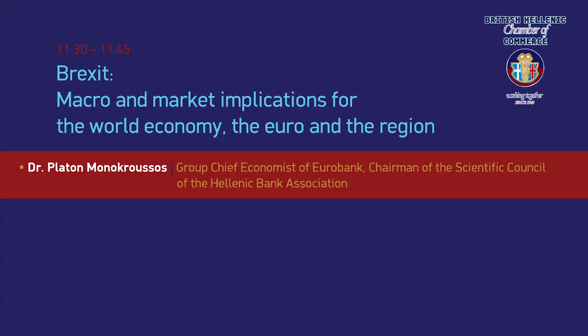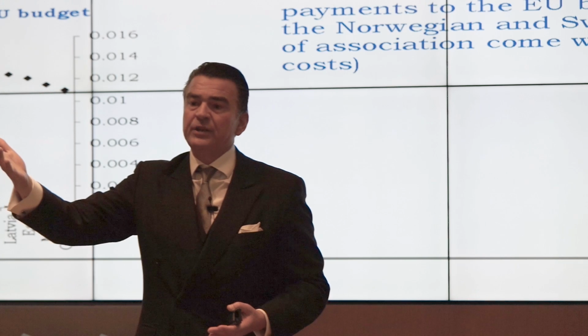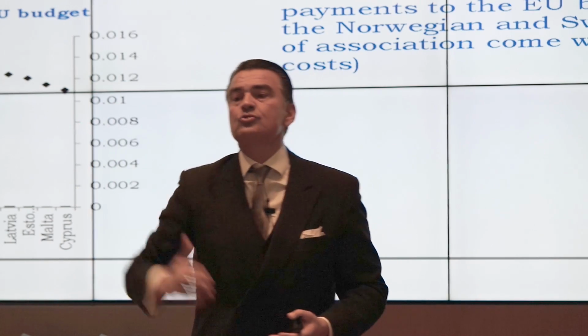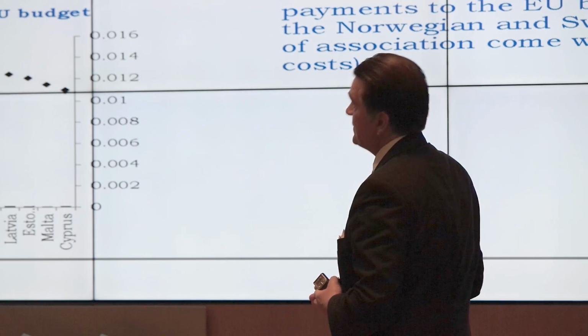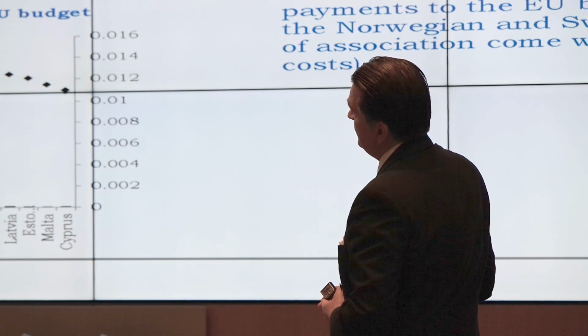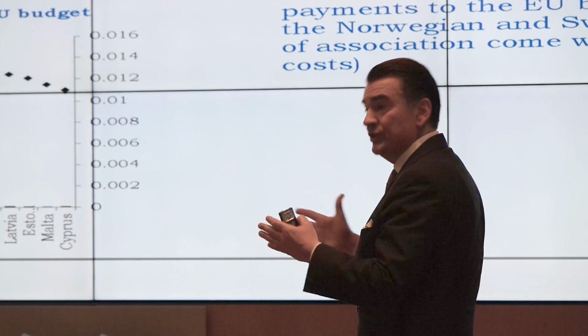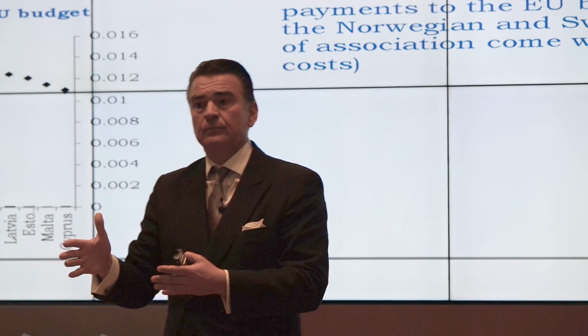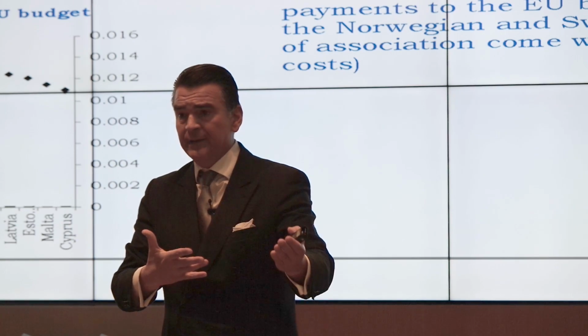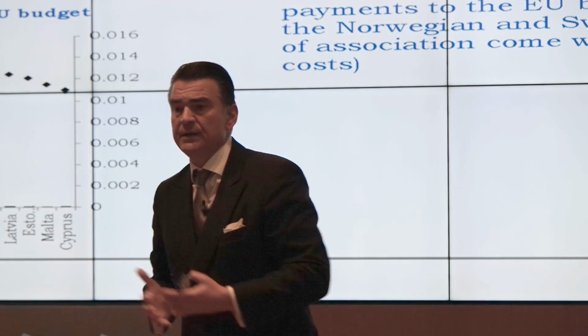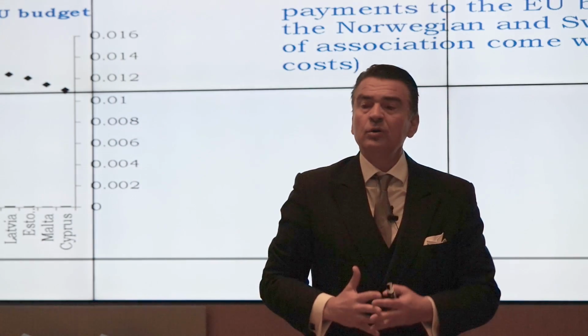Of course, a potential positive for leaving the European Union is that the UK would save in terms of current contributions to the EU budget. If you look at these graphs, you may see that the UK is a net contributor to the EU budget because the size of its economy is relatively large and its agricultural sector is very small.